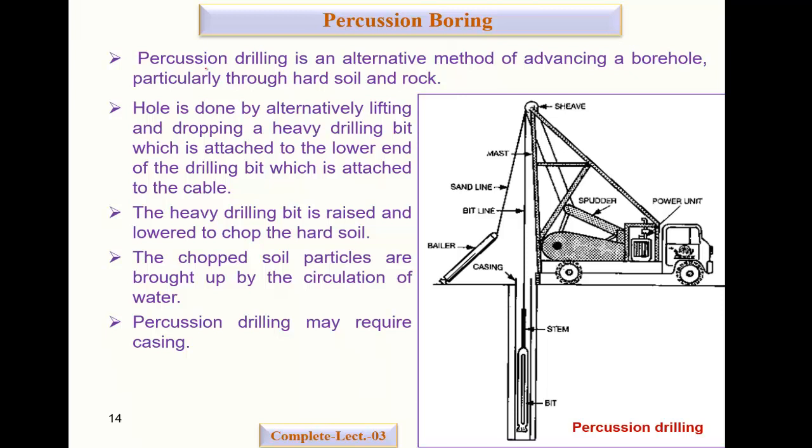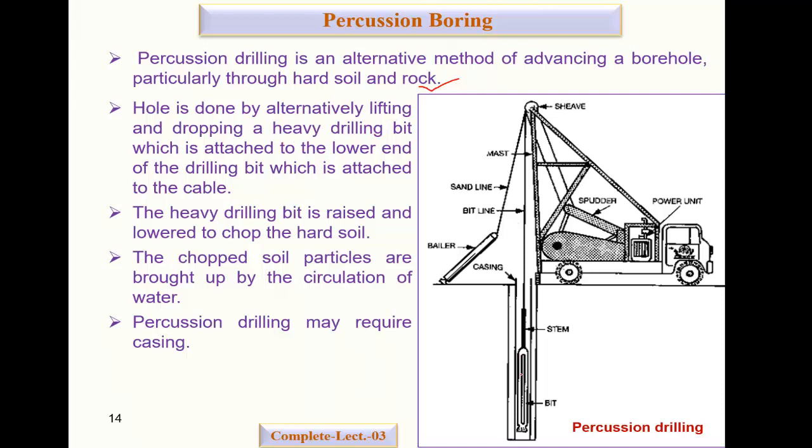How does it work? Percussion drilling is an alternative method of advancing a borehole, particularly through hard soil or rock. The hole is made by alternately lifting and dropping a heavy drilling bit.